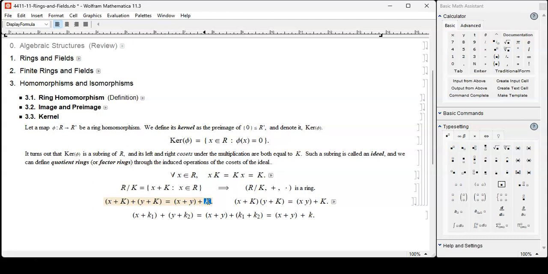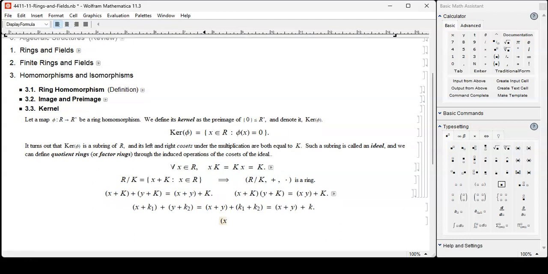Take an arbitrary element from the right-hand side, x + y + K, and then you can rewrite it as (x + k) + (y + 0), because 0 always belongs to every subgroup.